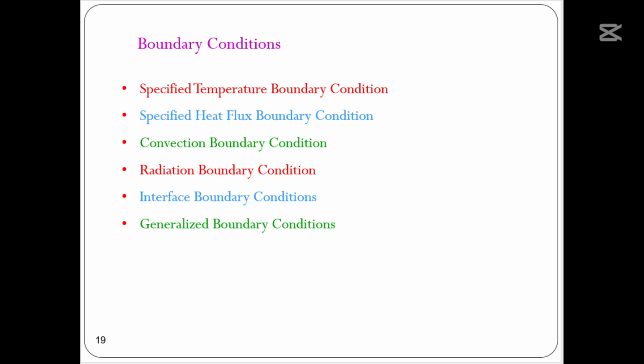Second is the specified heat flux boundary condition. Then there are the convection boundary condition, radiation boundary condition, interface boundary condition, and the generalized boundary condition. These are very important boundary conditions if we want to solve any system of one-dimensional or three-dimensional heat conduction equation.